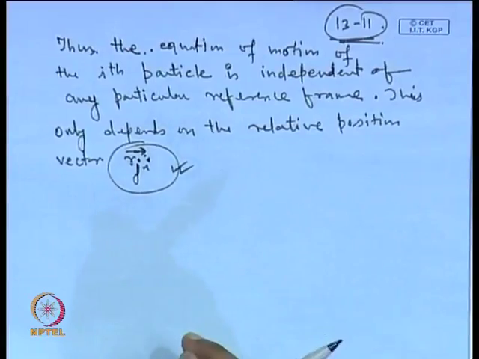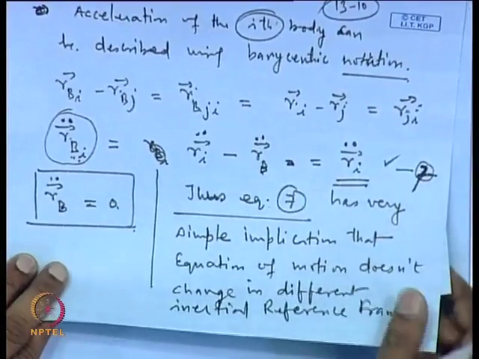Therefore, the motion of the ith particle described in the original reference frame is as good as the motion in the barycentric reference frame. So, there is no difference, as we have concluded from equation number 7.